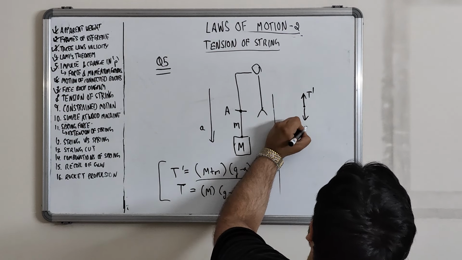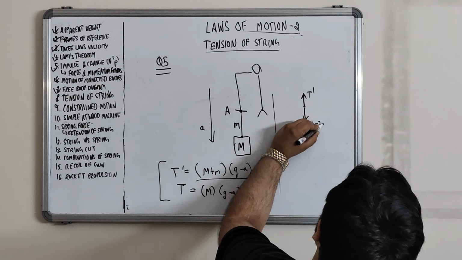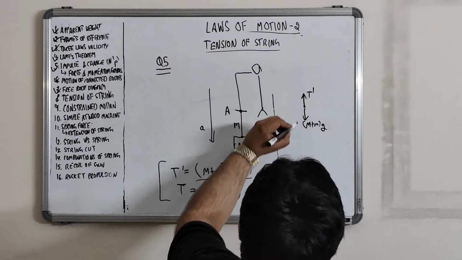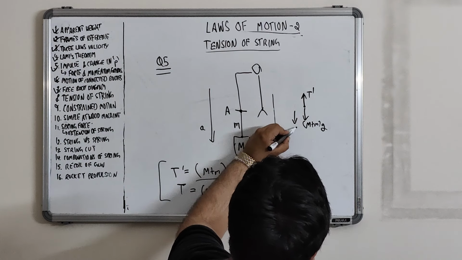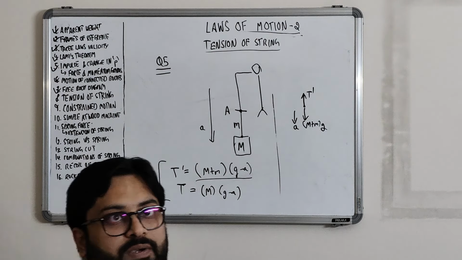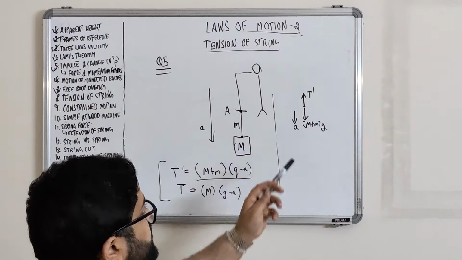Weight is what? M plus M into G. Okay, acceleration is downwards. So here comes the learning point. Here also you can think about two ways.